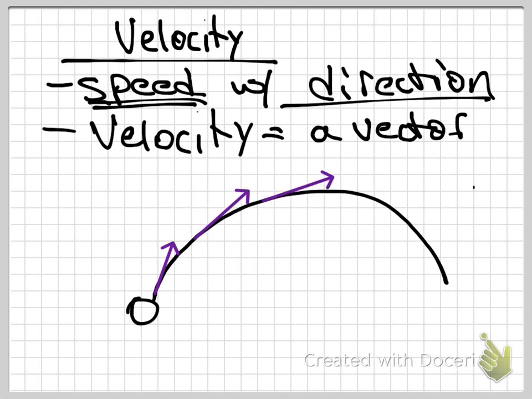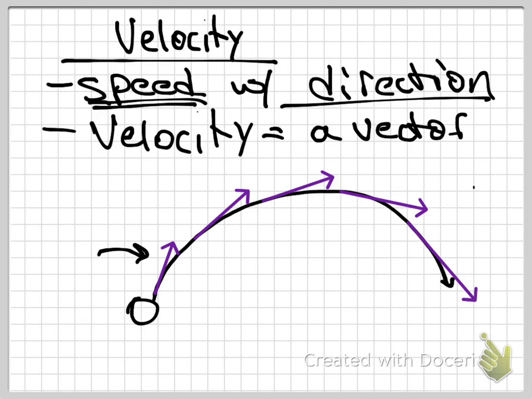So this means its velocity is constantly changing. So this black line represents the path of the ball, while the purple lines represent the velocity vectors. Okay, so that's the speed and direction in which the ball is moving.